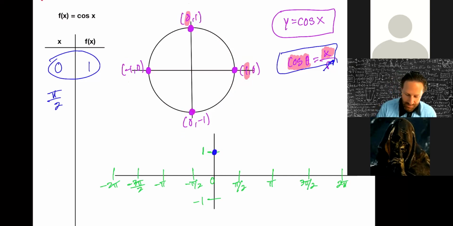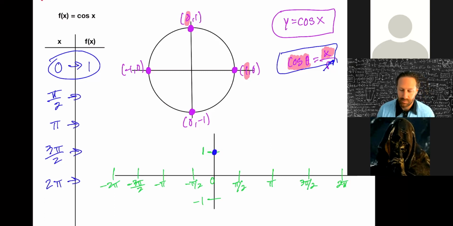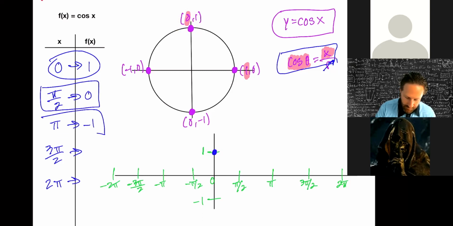Mm-hmm. So plug them in. Let's just get these 5 points. When we plugged in 0, we got a 1. Then our x value became a what when we went to the next quadrant? 0. Then what? -1. Then what? 0. And back to 1.